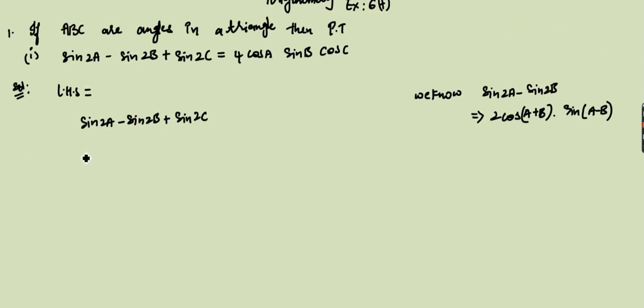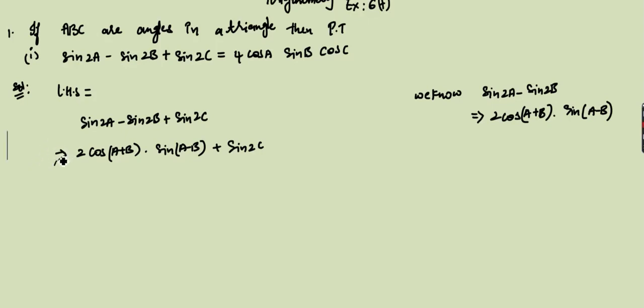So we can write it like 2 cos of A plus B into sine of A minus B plus sine 2C. So what we did here, in place of sine 2A minus sine 2B, we have put down the formula 2 cos A plus B into sine of A minus B, and sine 2C we have written as it is. Let's move to the next step.